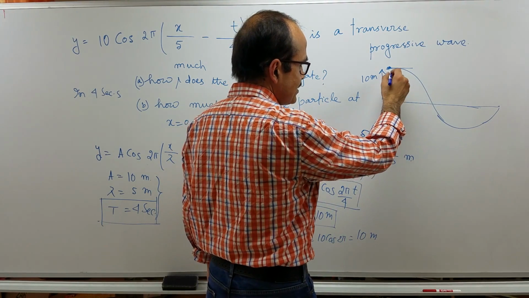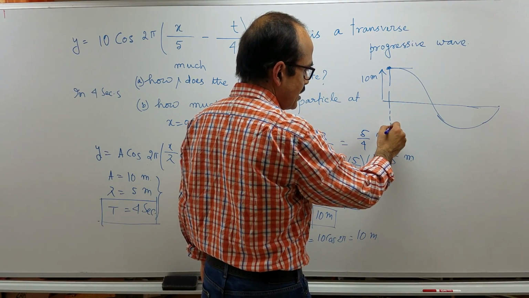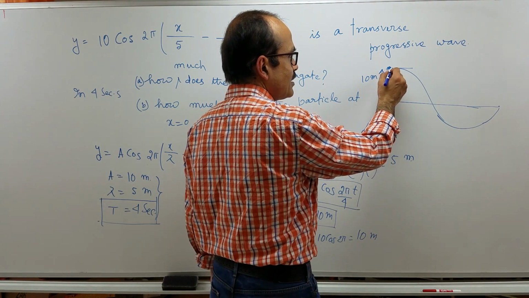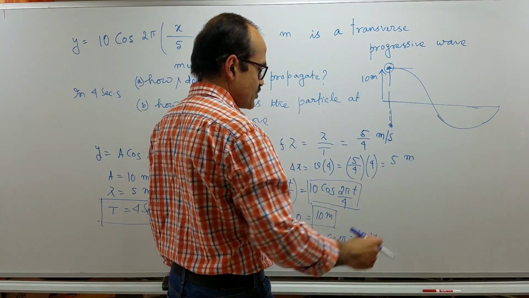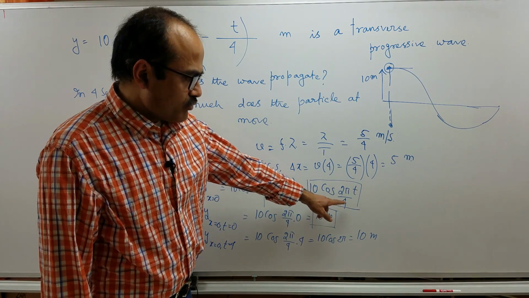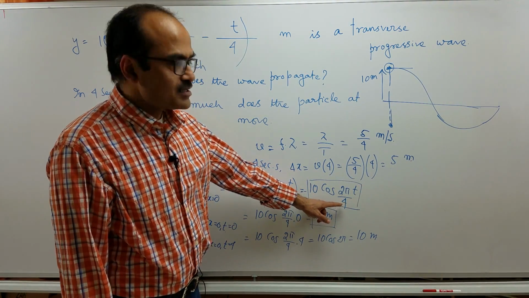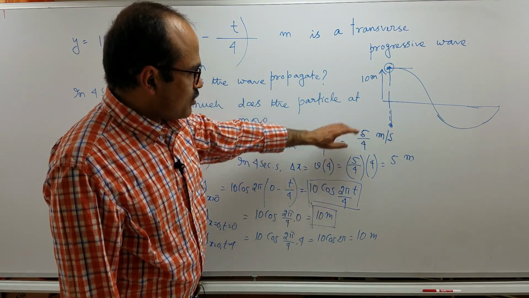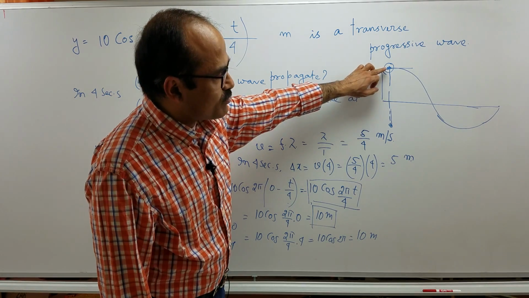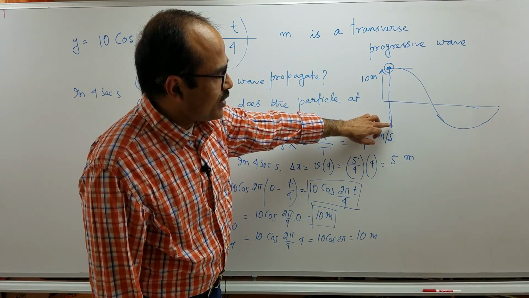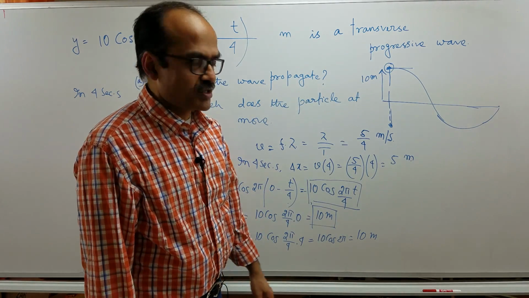In 4 seconds it went down to -10 and then came up back to the starting position. So, this is the equation of a simple harmonic motion with time period 4 seconds. In 4 seconds the particle starts from 10 meters above the mean position, goes down to the lowest point and then comes back to the starting position.